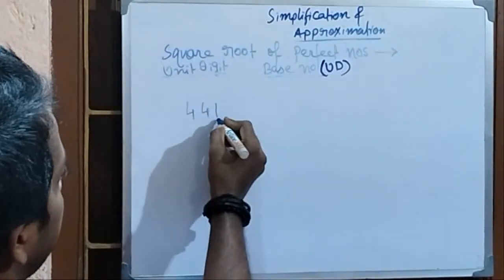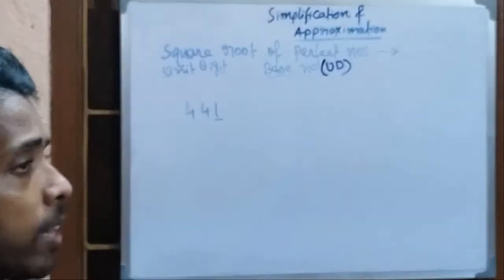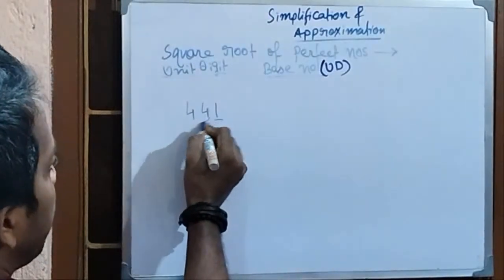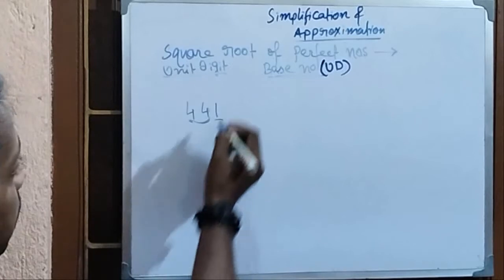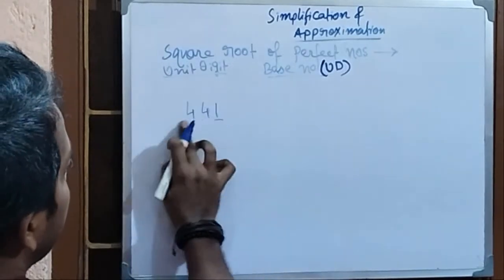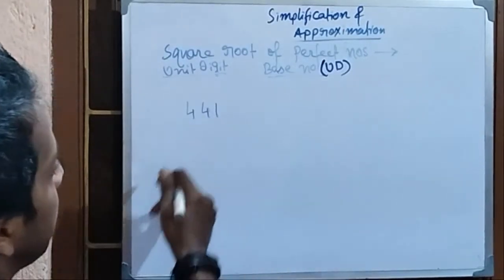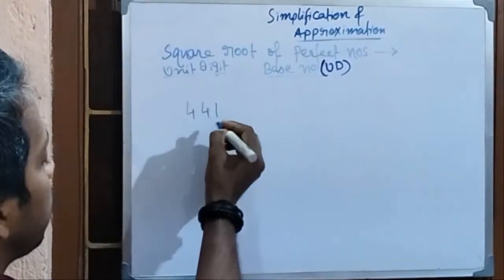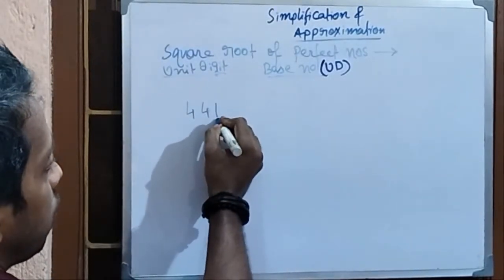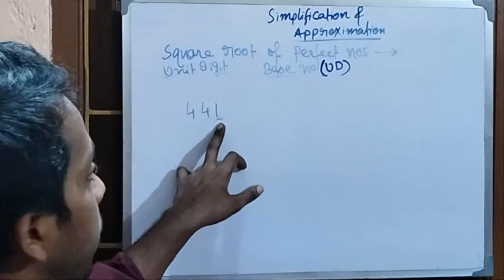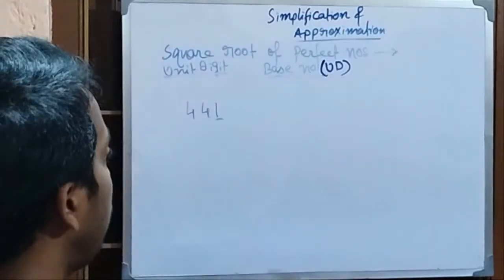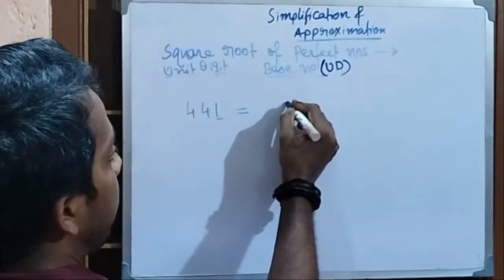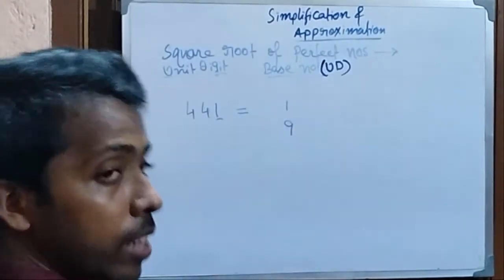But here 1 is the unit place, and in both these cases, what's the process? Understand the process. Here, in finding out the square root, you should look at the unit place digit. The unit place digit is 1 here, so it should be either 1 or 9, right?